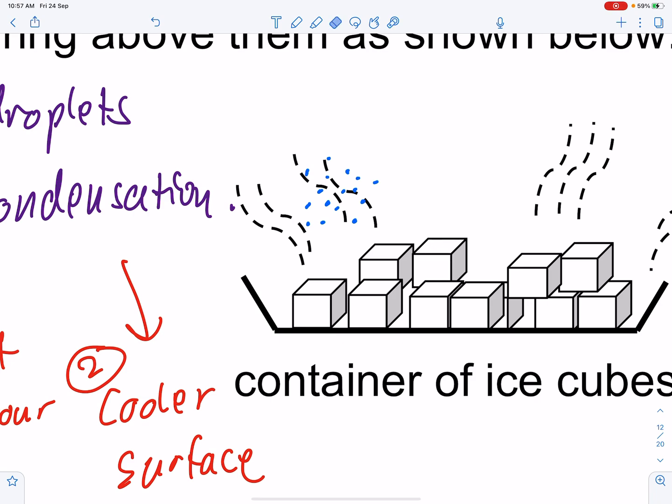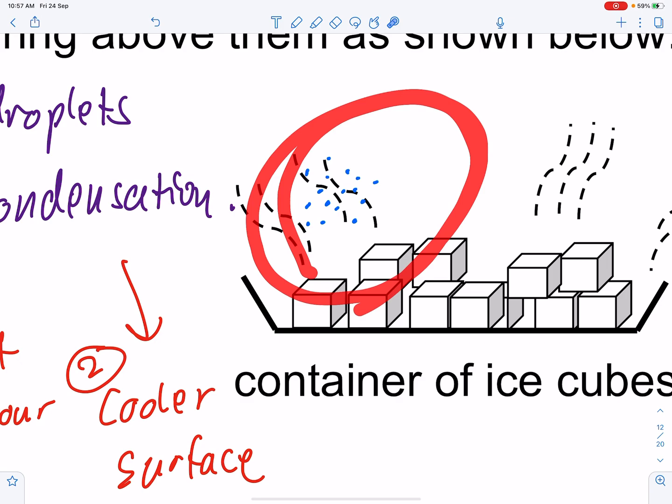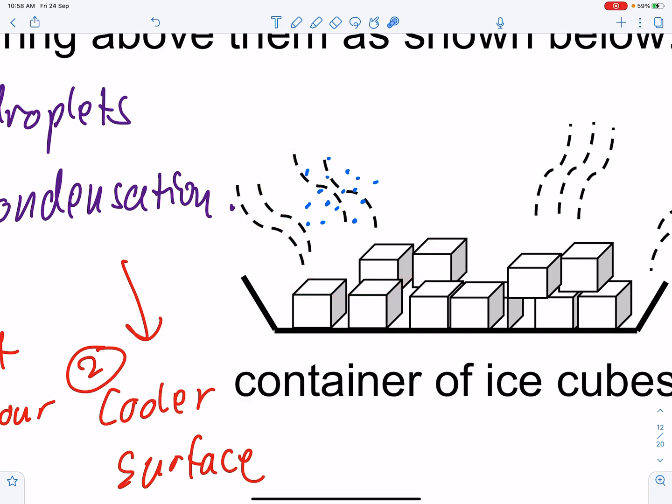So what has actually happened was that because the surrounding air has lost heat to your ice cube, now the surrounding air is actually cooler. The surrounding air that is near your ice cube is cooler than the water vapor in the air that is further away.